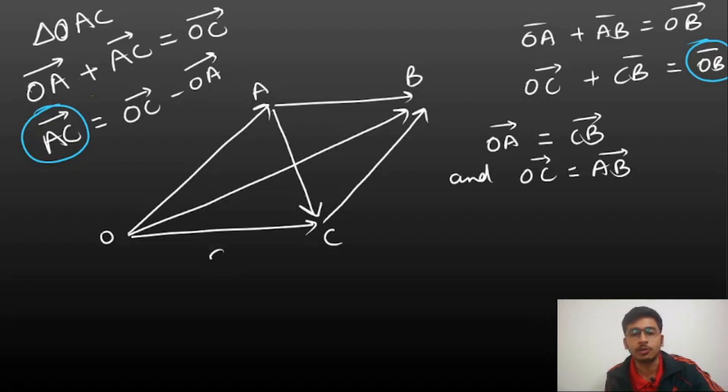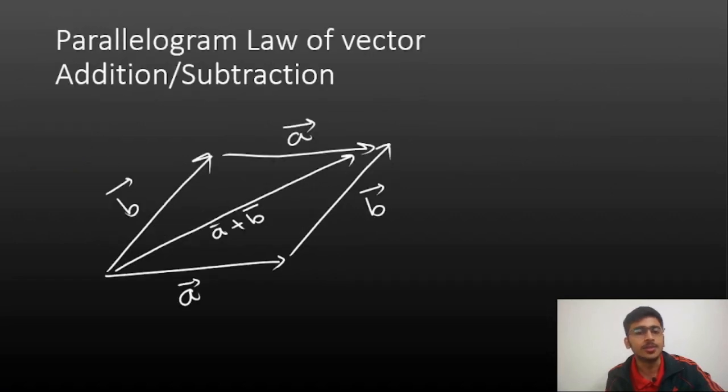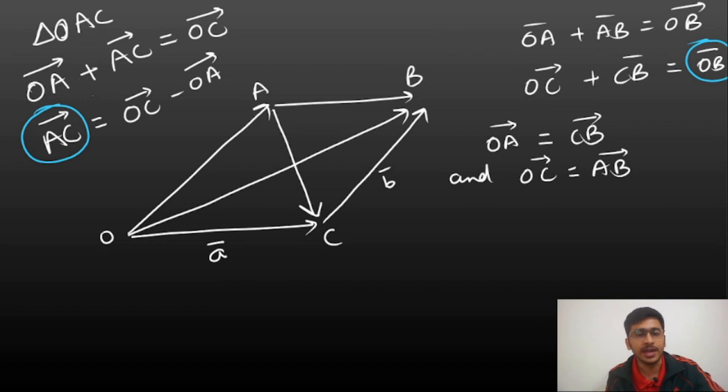Since OC vector was our A vector, CB vector was our B vector, then OB vector was nothing but A vector plus B vector. And similarly, this second diagonal is nothing but our AC vector.